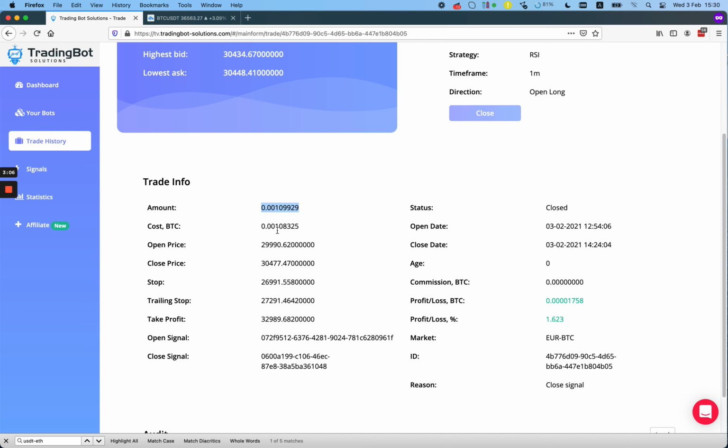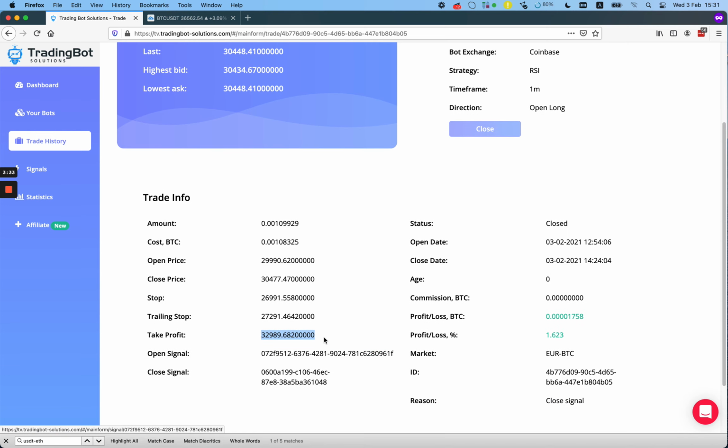You see the cost, you see the open price, you see the closing price, you see where the stop loss would have triggered. You see the trailing stop loss, where that has triggered or would have been triggered if it didn't get closed by the closing signal. In this case it was closed by the closing signal, otherwise it would say here take profit. So the take profit level is this, and you can also click on this to see the opening signal.